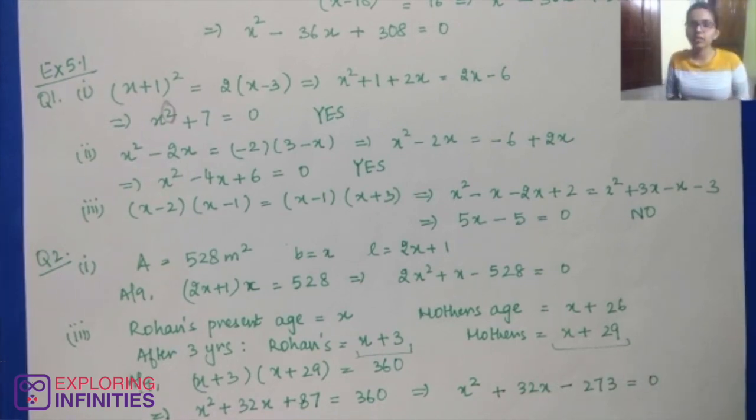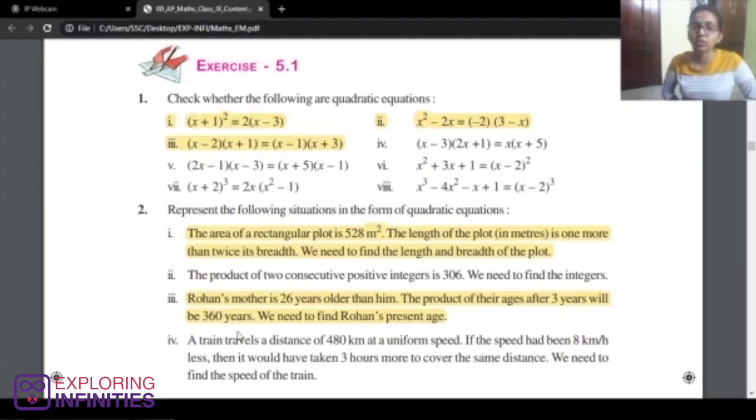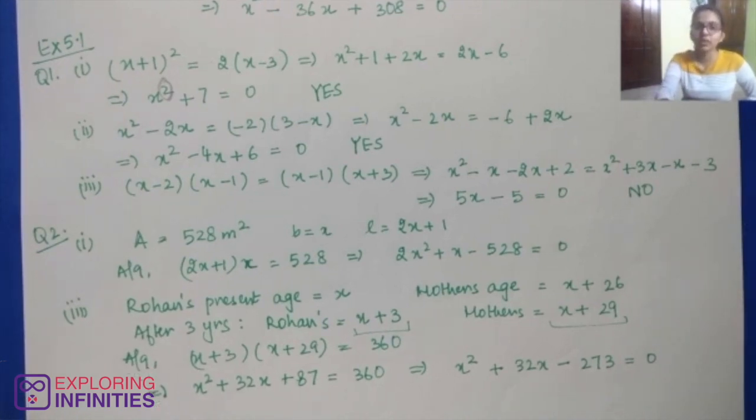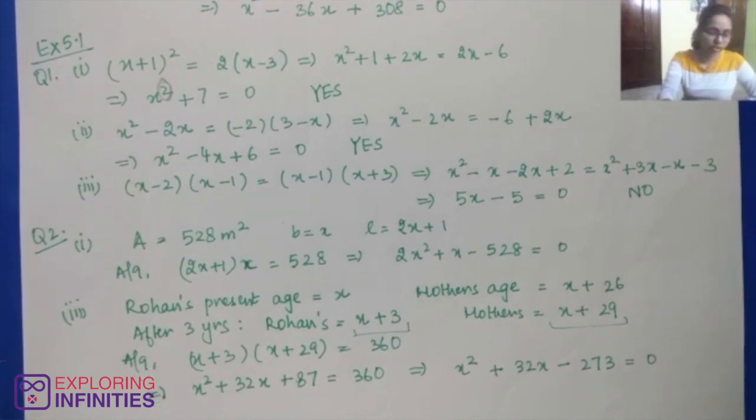So again we have a quadratic equation over here, but we don't know yet how to solve it. The question says that we need to find Rohan's present age, so for that we don't know how to solve this. So we'll gradually see how to solve such quadratic equations that we have actually learned to form today.